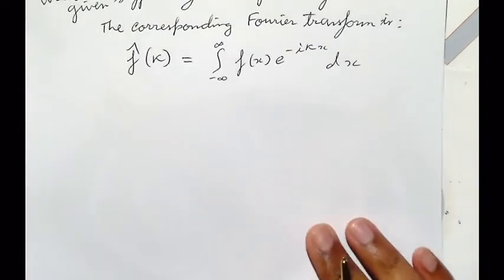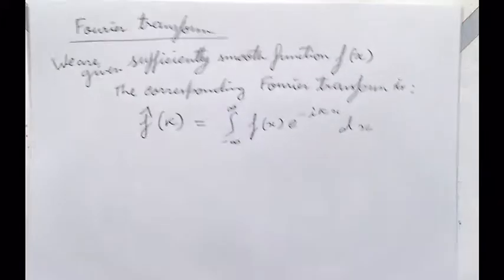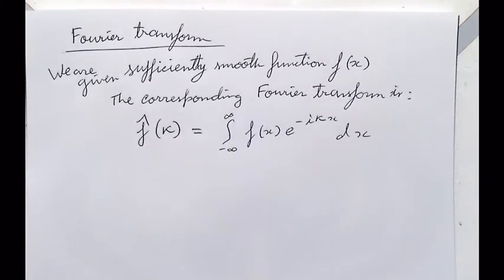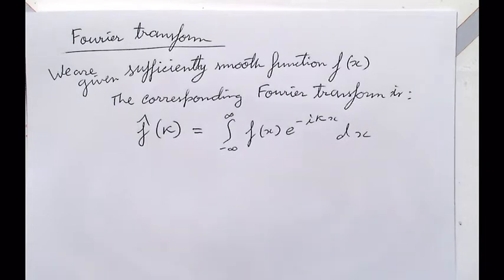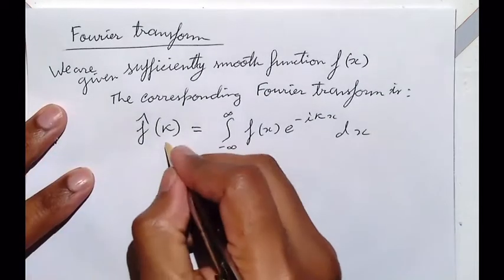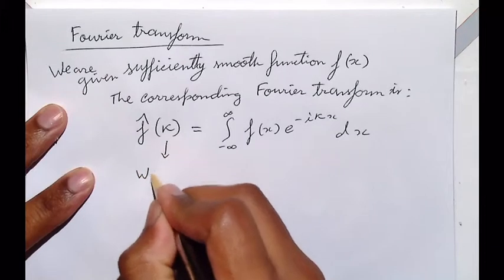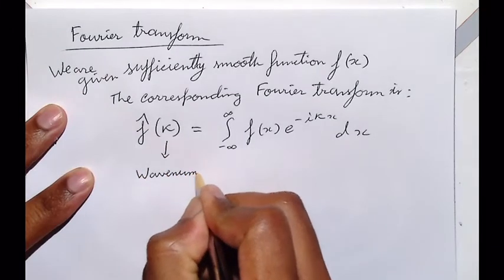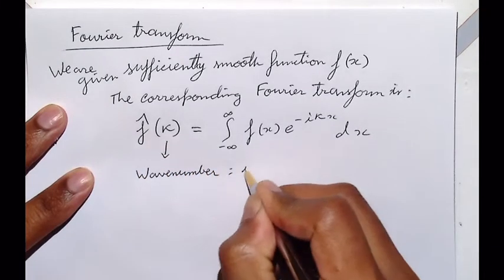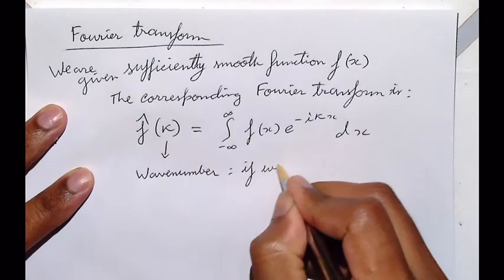Okay, so this is a very, very famous formula. But what does it mean? I mean, what are we doing here? We have an f of x and we compute some integral. We get an f hat of kappa. What is this kappa? So this kappa is called wave number, if we work in space.